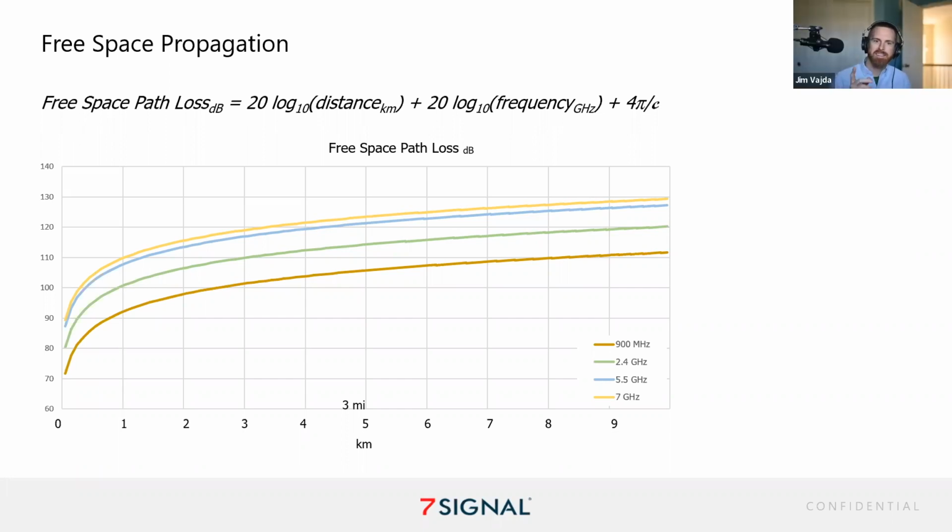Another thing that you can get from this chart is how cellular systems and other longer range wireless communication systems can operate over kilometers of distance. We think about free space path loss in the indoor Wi-Fi as being a problem because it attenuates so fast. But that's just the very beginning here.